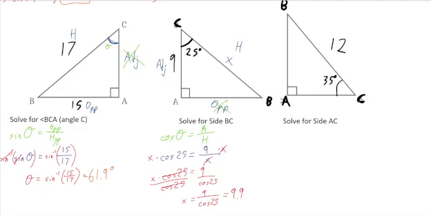So this is the angle, so that means that this is the adjacent side, this is the hypotenuse side, and this is the opposite side. Since we're looking for side AC, this is what we're looking for. We don't care about the opposite side. So we're going to use cos again.